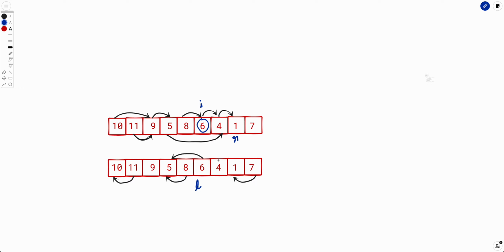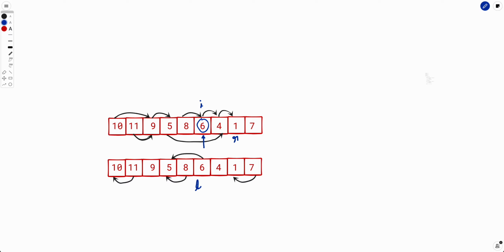Now once you have got L and R, calculating the number of good subarrays which contain 6 as the maximum number is very simple. Let's say this is I, you can say I minus L plus 1 multiplied by R minus I plus 1. That will be the answer.